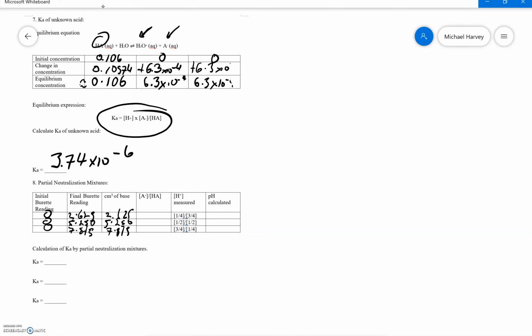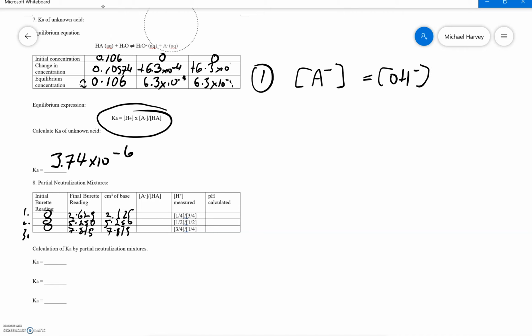Okay, so the first thing we have to work out is the concentration for the A minus for the first case. Okay, so just label these 1, 2, and 3. So the first case there. The concentration of A minus will be equal to the concentration of the hydroxide you added, because remembering we are using this reaction equilibrium here.